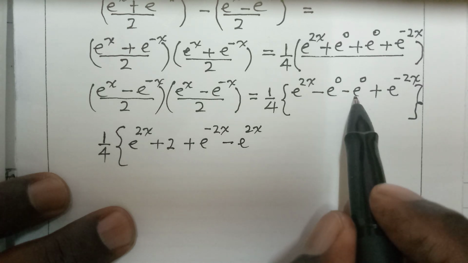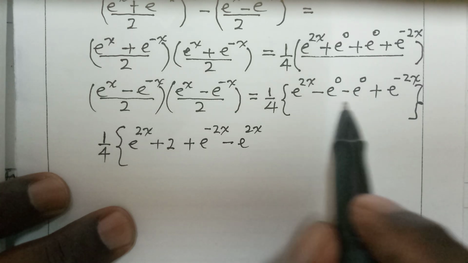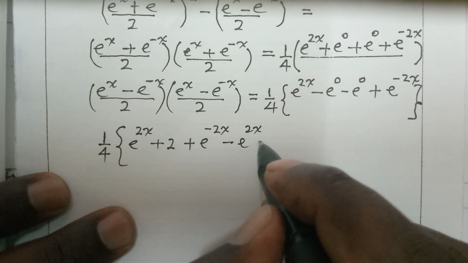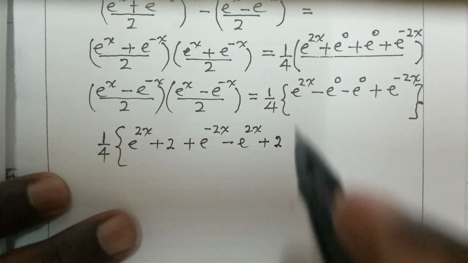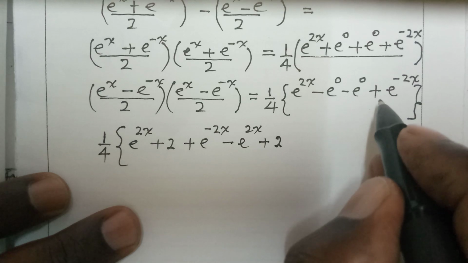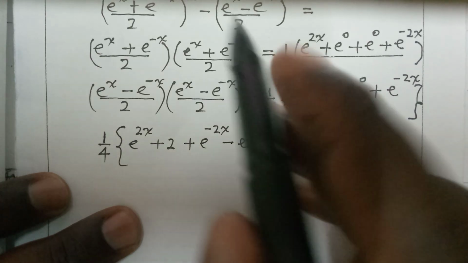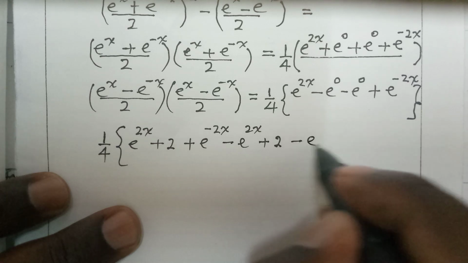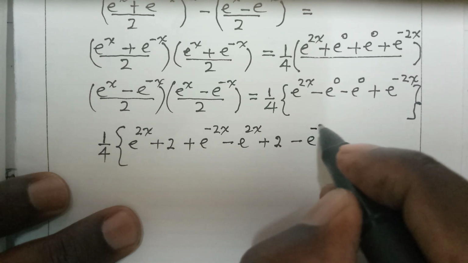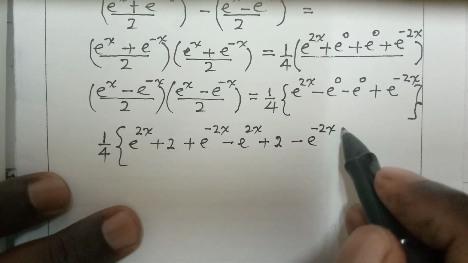Both of them are going to be 2 minus 2, so they will be plus 2. So here we have plus 2. Then this is going to be minus because of this minus. So minus e raised to negative 2x, like that.